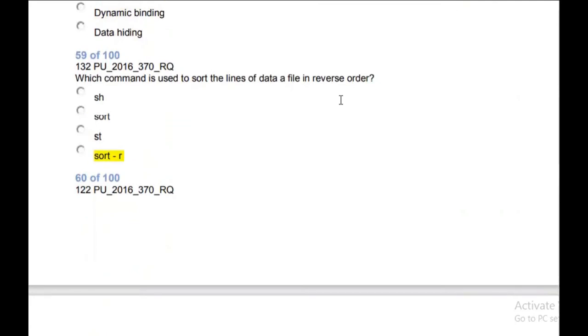Which command is used to sort the lines of data in a file in reverse order? Option D is correct, sort -r. Next question number 60.